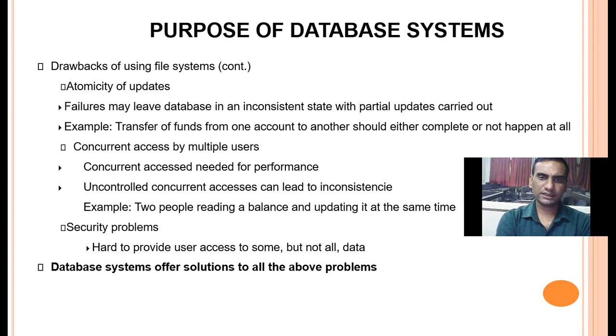Uncontrolled concurrent access can lead to inconsistency. Two people reading a balance and updating it at the same time is not possible. There is one account, one person is reading their balance and another person is updating at the same time, meaning he might be adding some amount or withdrawing some amount. It is not possible.